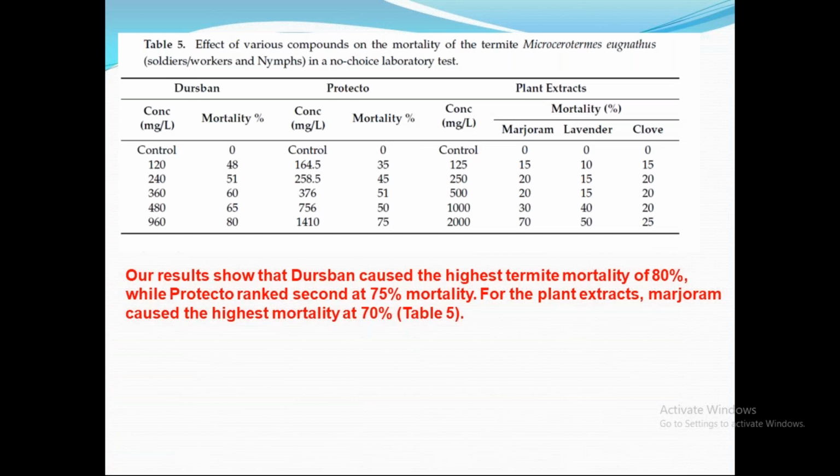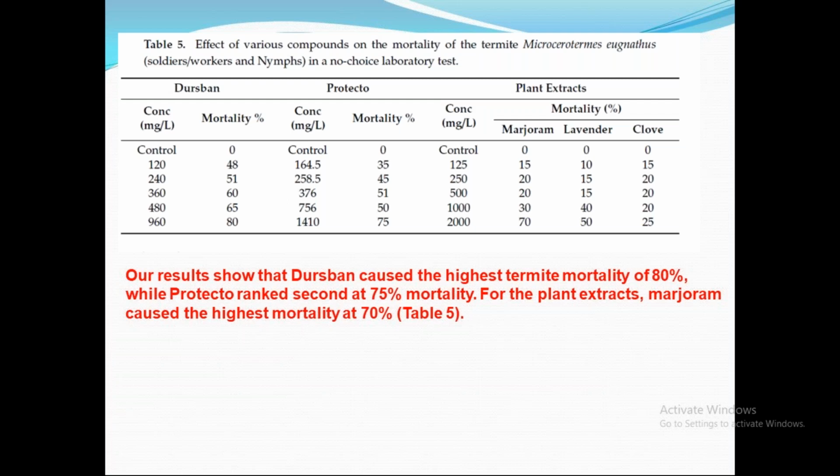Table number 5 shows the effect of various compounds on the mortality of termites in the laboratory test. Our results show that Dursban caused the highest termite mortality of 80%, while Protector ranked second at 75% mortality.